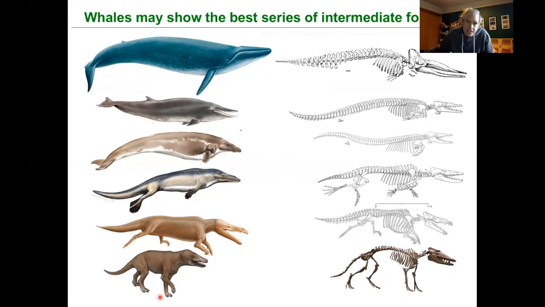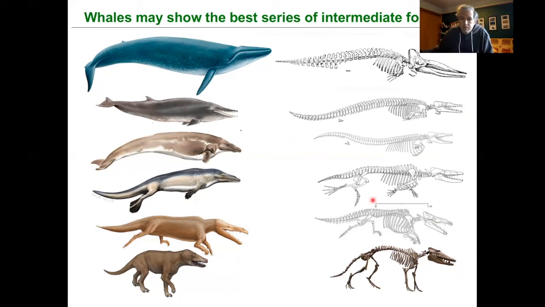So we can see these transitional stages as we move from a terrestrial animal about the size of a dog with four limbs that's running around, all the way to a fully marine, gigantic species. And you can see the skull remains very similar. A killer whale skull would be far more similar than this, but you can still see the same bones, the same layout. It's a fabulous example of a whole series of intermediate forms transitioning from one to the next.